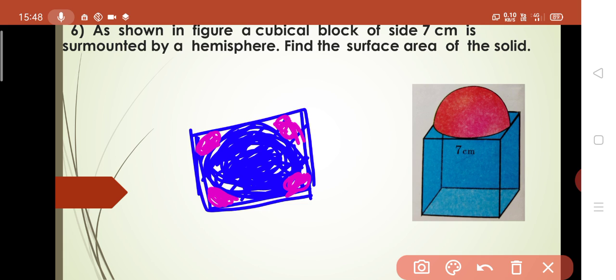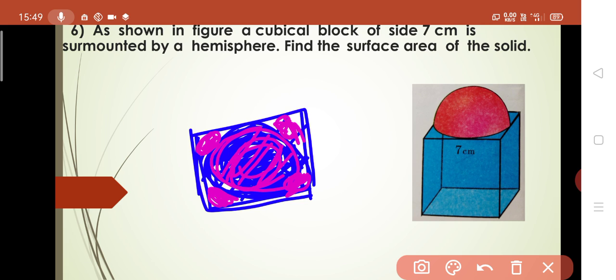So first I am going to find out the total surface area of the cube. So totally 6 faces in the cube. So 6a square, that is the total surface area of the cube. But we don't want the area of the top portion. Not the full area, only this particular area alone we don't want. So we want to subtract this particular area only.